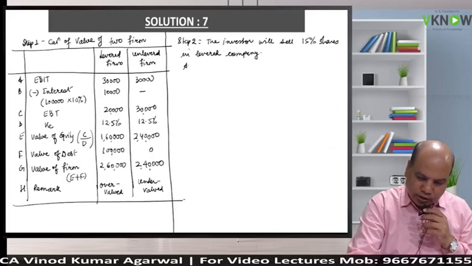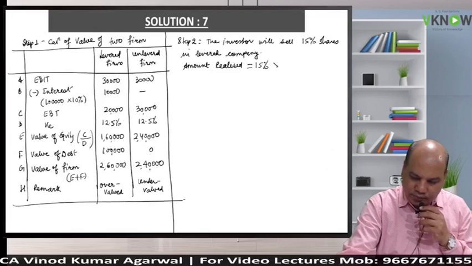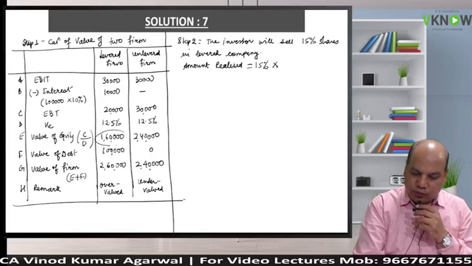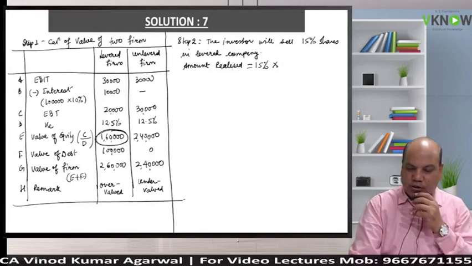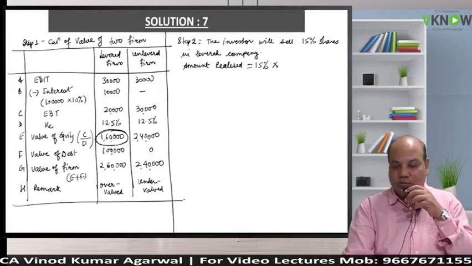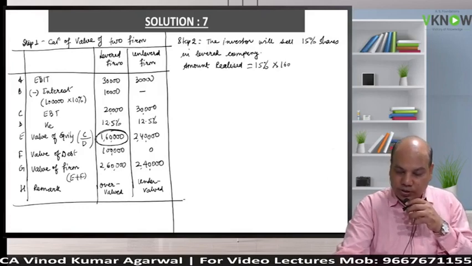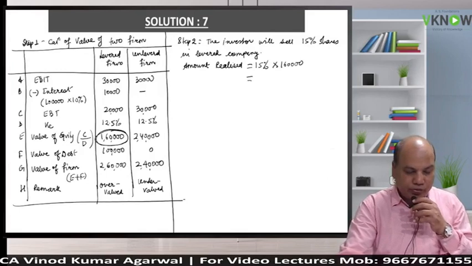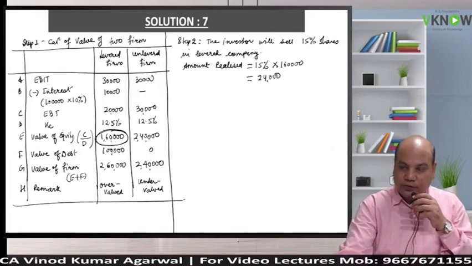So what is the amount realized? How much cash will he get by selling? 15% into, come on, this is the value of equity of the levered firm, 1,60,000. Suppose you are holding a 15% stake in this company, so you can sell it for 15% of 1,60,000. Anybody, how much is that? Is it 24,000?